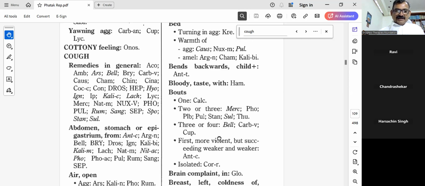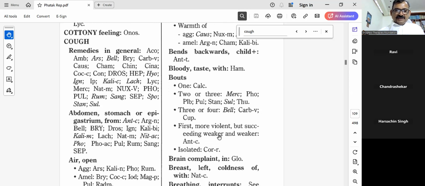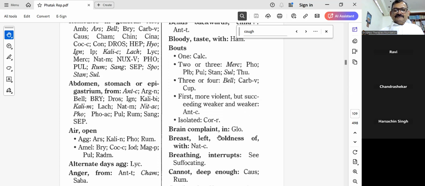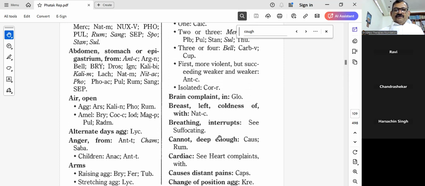Okay, that's fine. And then we see brain complaint. If anybody has a brain complaint, they will tell you he has got this problem, along with that he has got this coughing. That time Glonoine is a remedy. Okay. Breast, left, coldness.